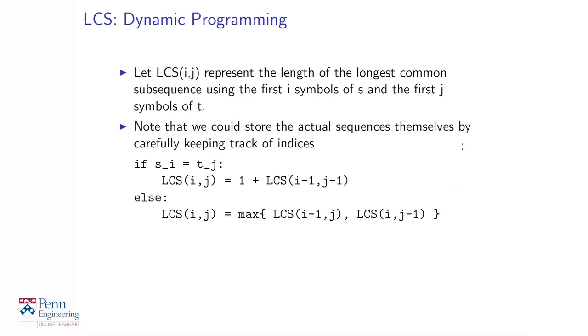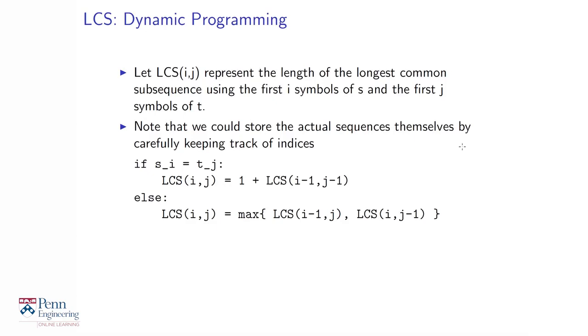So then, based on what we've said earlier, the last symbol of the first sequence is Si, and the last symbol of the second sequence is Tj in the sub-problem that we're dealing with. If these last symbols match, we might as well use it as the end of the longest common subsequence between these two strings.